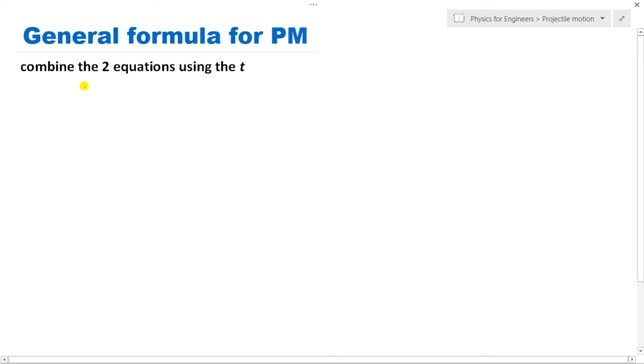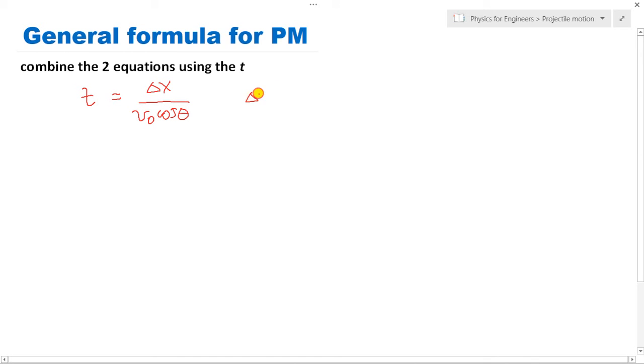So again we have t is equal to, hindi pala siya Vo cosine of theta, this is displacement along x. So we have delta x all over Vo cosine of theta. Again, how about the other equation?